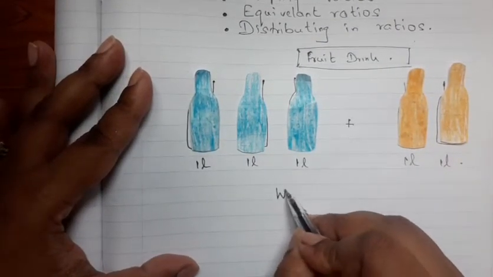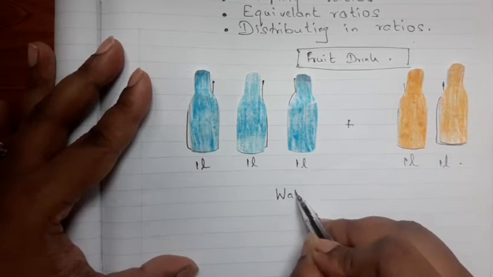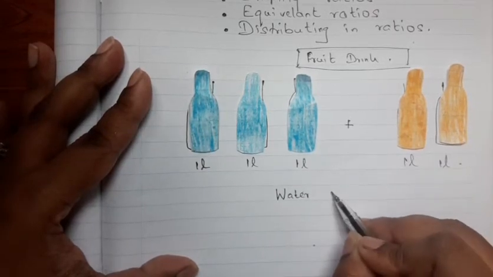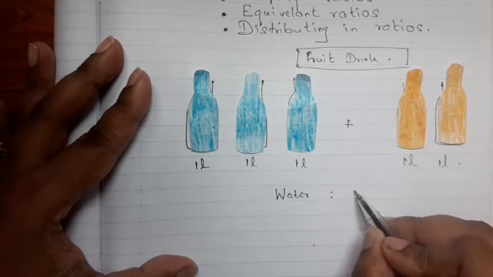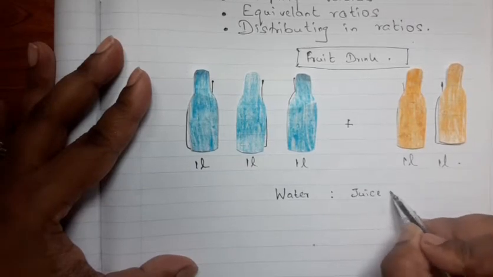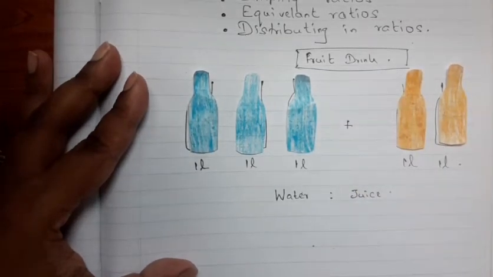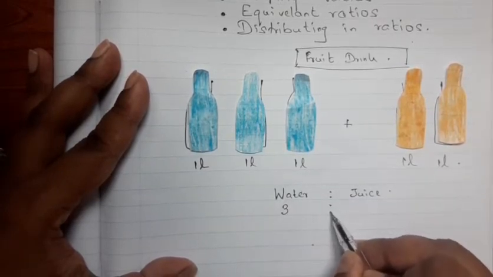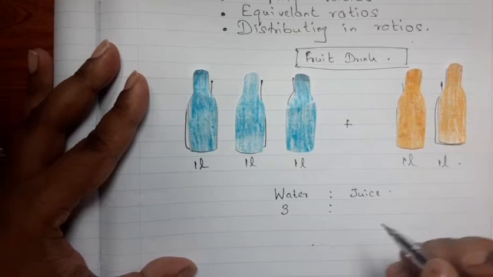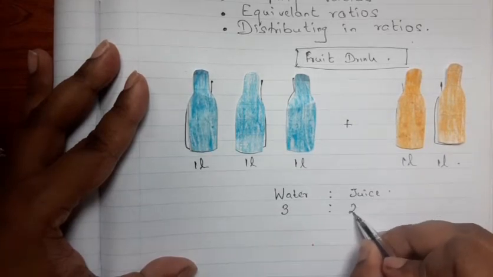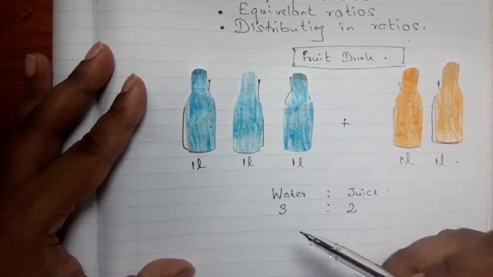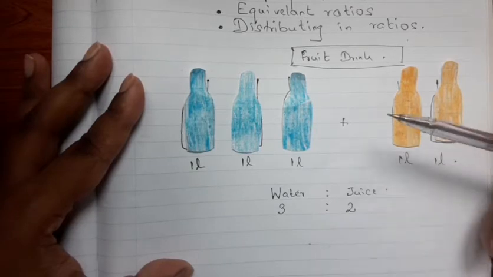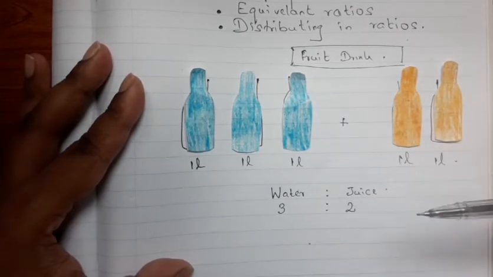So let's write the ratio of water to the juice in the fruit drink. The amount of water is 3 and the amount of fruit juice mixed in here is 2. Remember, when you write ratios, you are not supposed to put the units in here.